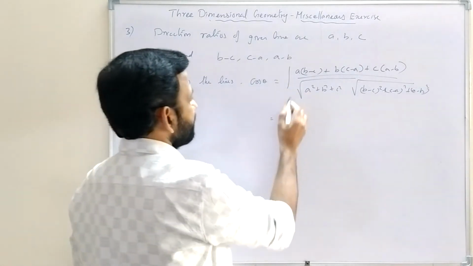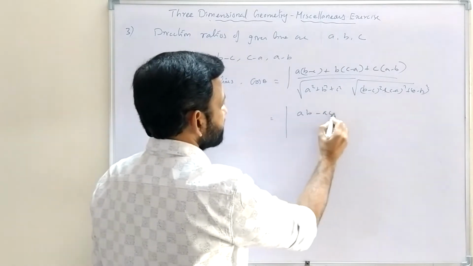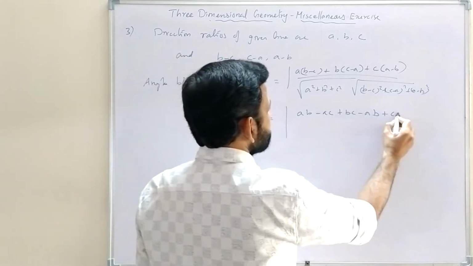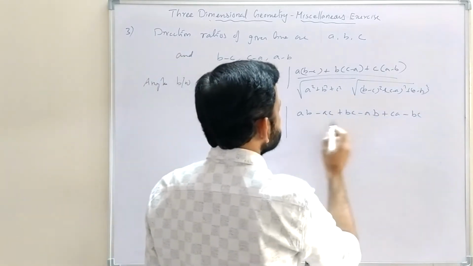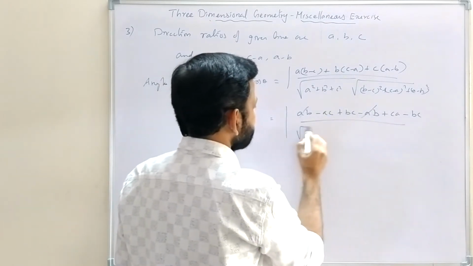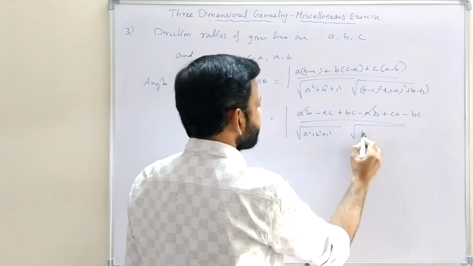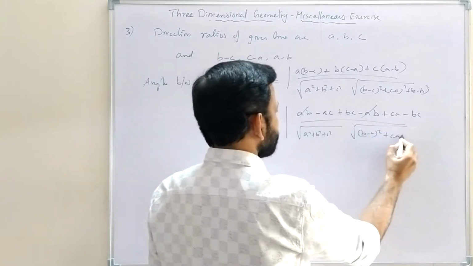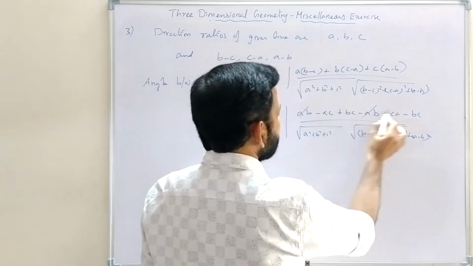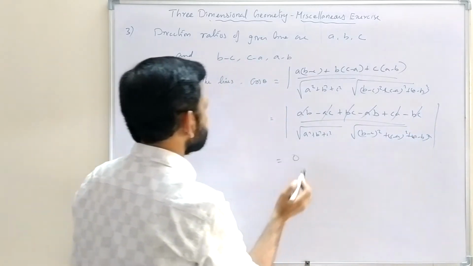When we simplify, the numerator is AB minus AC plus BC minus AB plus CA minus BC. Plus AB and minus AB cancel, plus CA and minus AC cancel, BC cancels, so we got the answer 0.